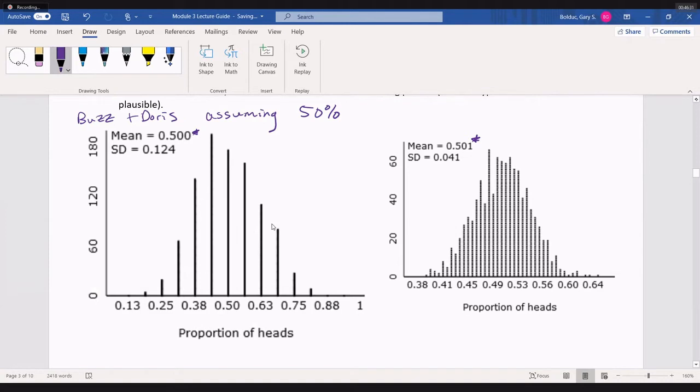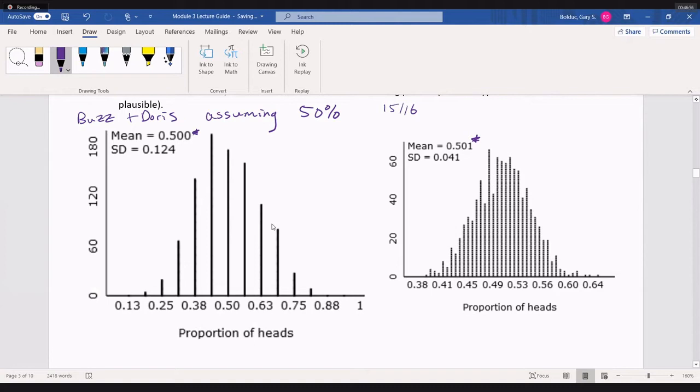Which of these two pictures is giving me more evidence? What do I mean by that? Well, I claim that if you look at Buzz and Doris, the 15 out of 16 is actually more extreme on one of these pictures than the other. So take a second, look at these pictures, and think about what I mean by that.